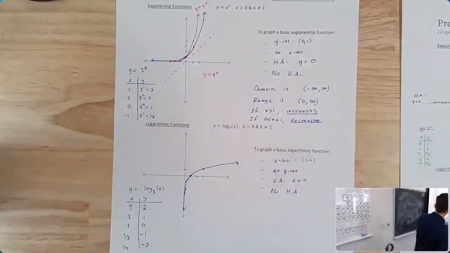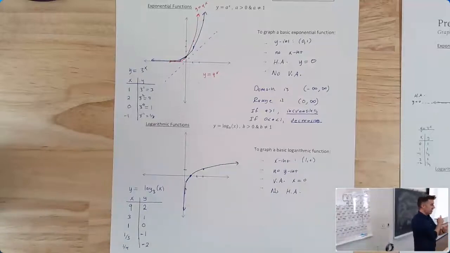And what I would observe here, and this is true for inverse functions in general, is that all of the x and y things have interchanged places. Instead of getting a y-intercept of 0, 1, I have an x-intercept of 1, 0. Instead of getting a horizontal asymptote of y equals 0, I switched x and y and got a vertical asymptote of x equals 0.